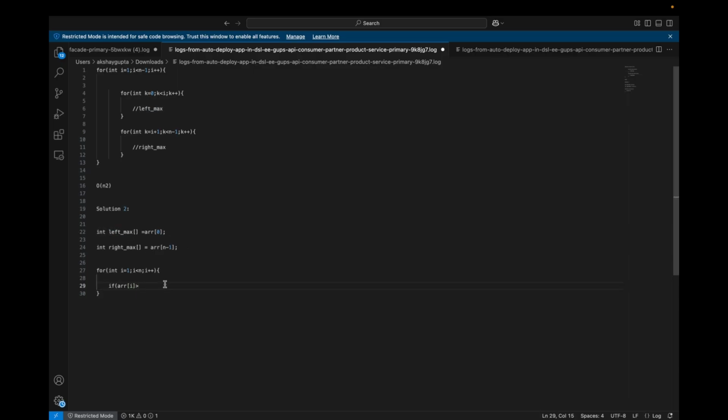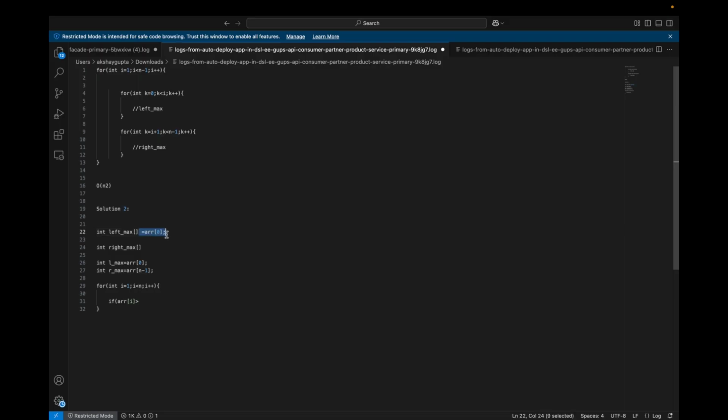We will take two variables, int l max and int r max, and initialize l max as array of 0 and r max as array of n minus 1.